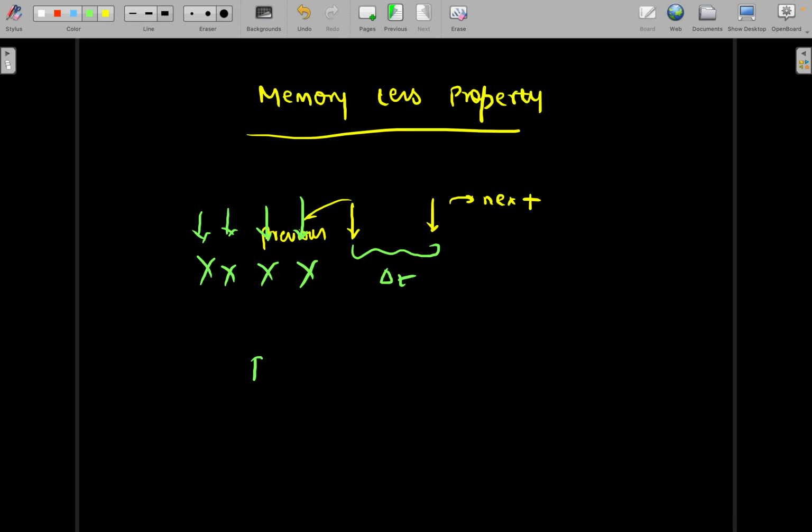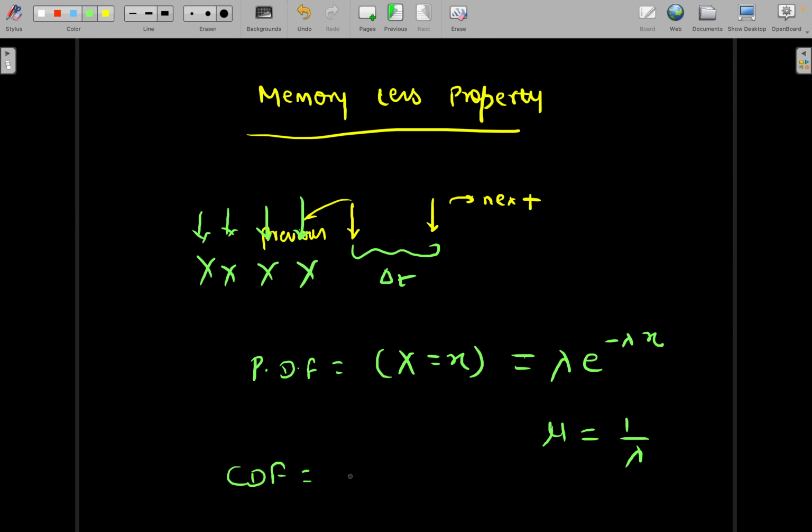Its PDF will be lambda e to the power minus lambda x, and the mean mu is nothing but 1 by lambda. Its CDF is 1 minus e to the power minus x by mu.